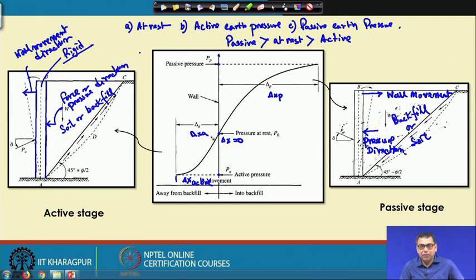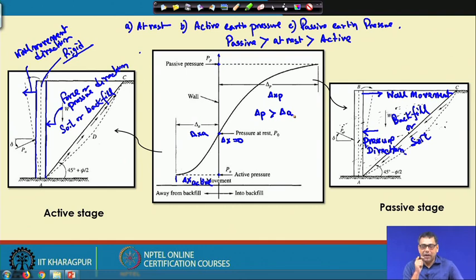You can see from this figure that delta x p is greater than delta x a, which means that to develop the full passive force you need more deformation compared to the full active force.